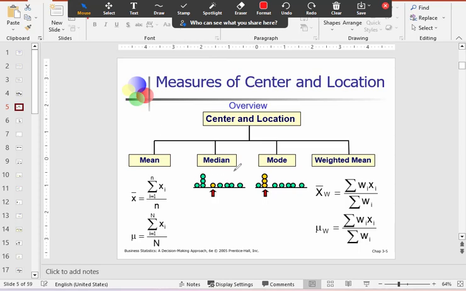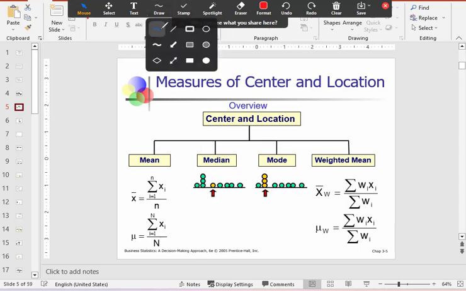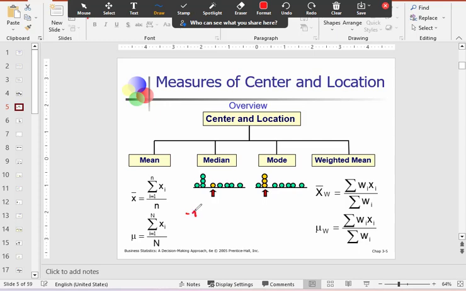Then the other method is called median. What we do in median is that the first step is to arrange the data in increasing order. So we tell the Excel file or our statistician to arrange the data from the lowest to the largest, and then we count the observations. 1, 2, 3, 4, 5, 6, 7, 8, 9.